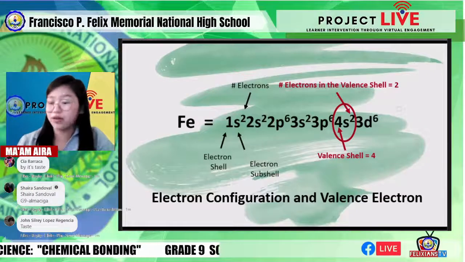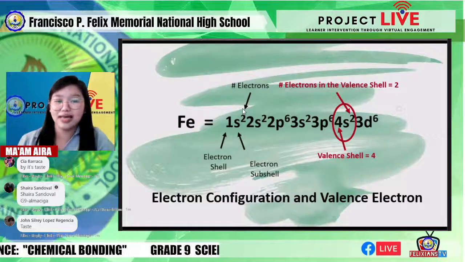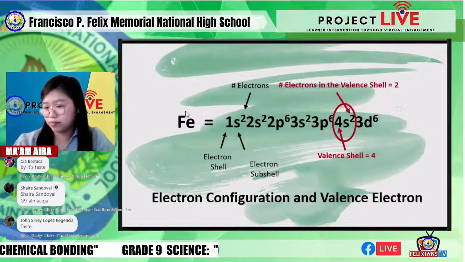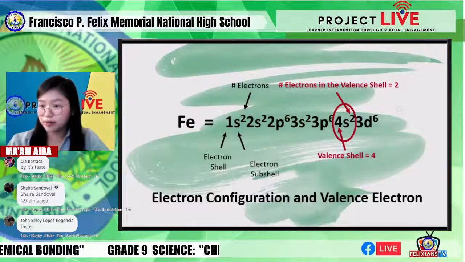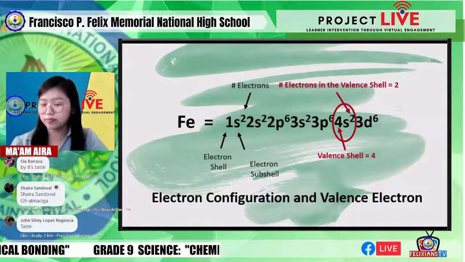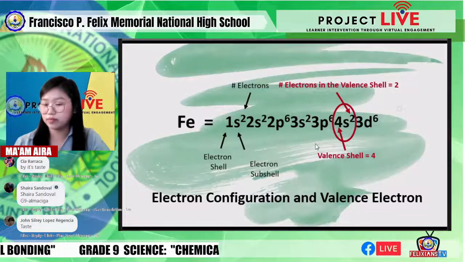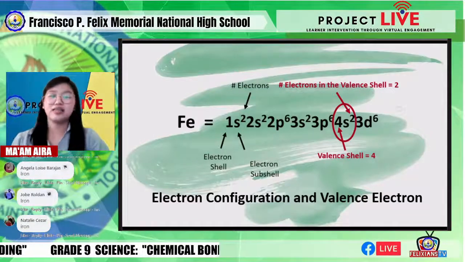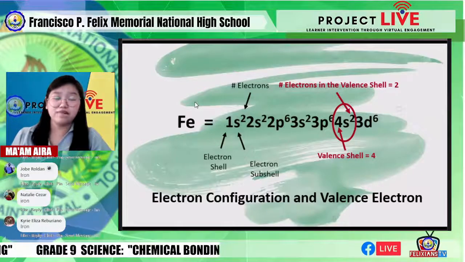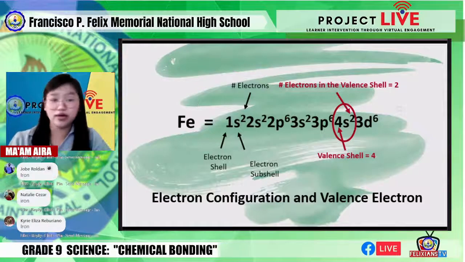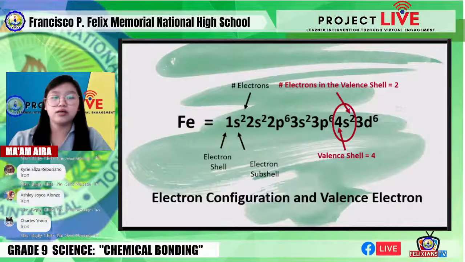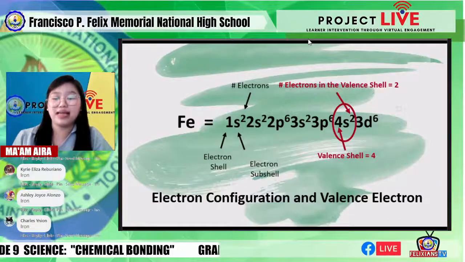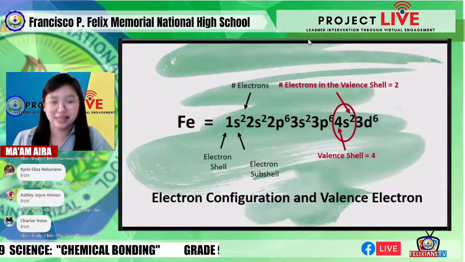Again, if you have your answers, what is the element name for Fe? All right, you are correct. The element name for Fe is iron. So iron is an element that belongs to the periodic table of elements in the classification of metals.